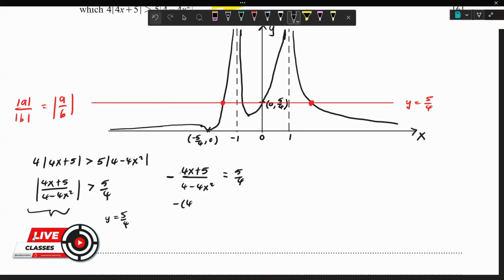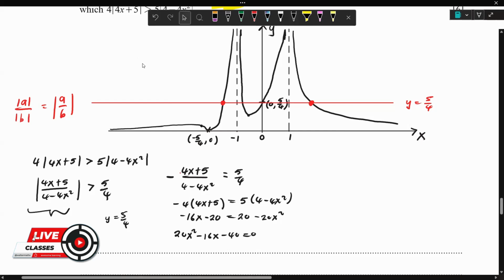If we cross multiply, it's minus 4 of 4x plus 5 is equal to 5 of 4 minus 4x squared. So it's minus 16x minus 20 is equal to 20 minus 20x squared. So it's 20x squared minus 16x minus 40 equal to 0.